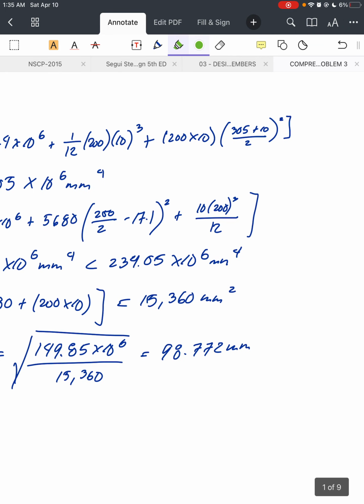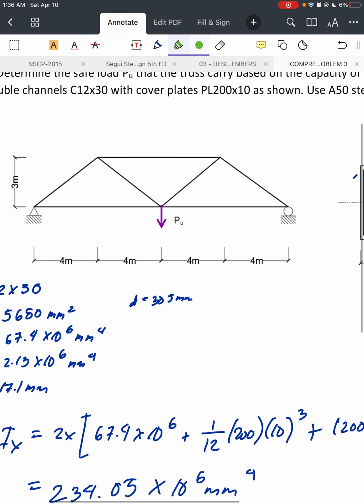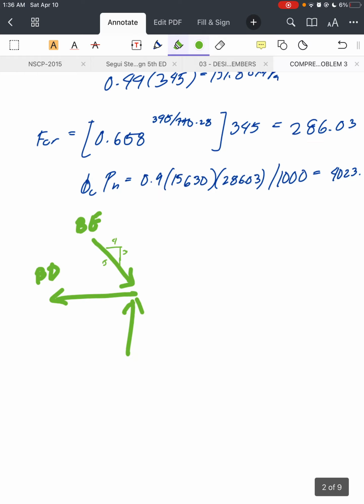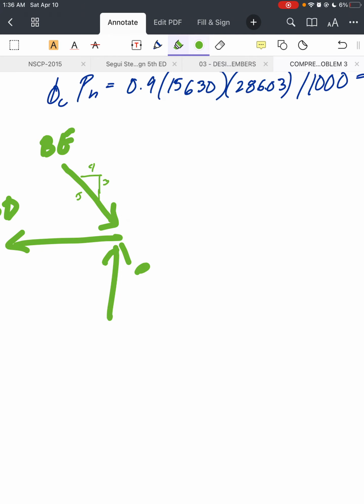And based on the figure, our truss is symmetrical. So our R is half of PU.